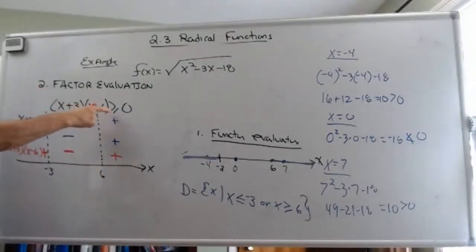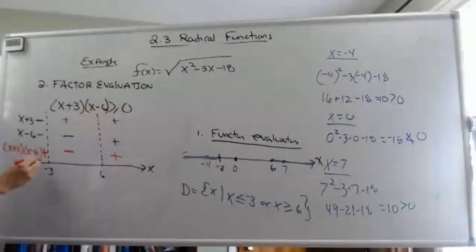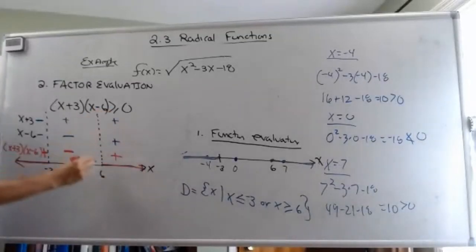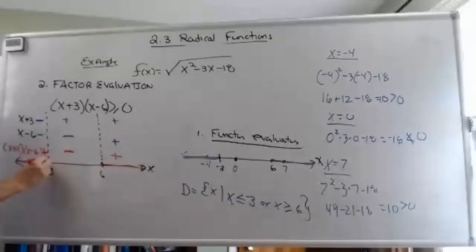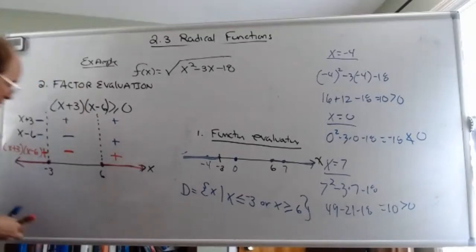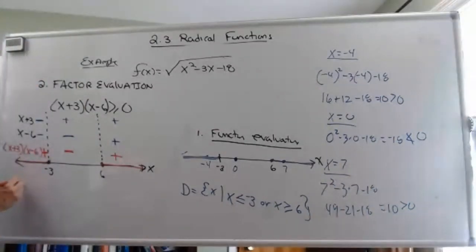I have to require that this is either positive, so it's all the positive values over here, as well as 0. I shaded in 0. That will then directly give me my domain. Here it is. I'm going from minus infinity up to and including -3.